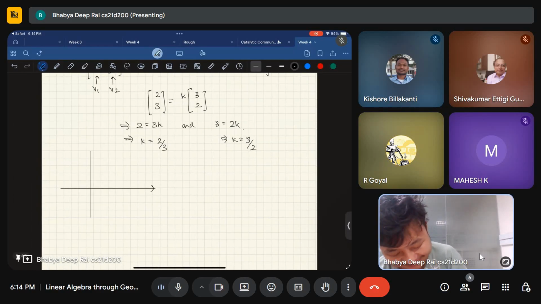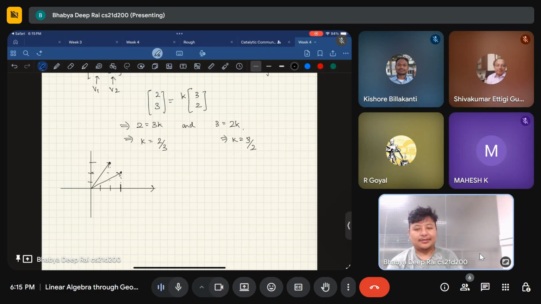So the other way to do it would be like Goel says, 2 steps to the right side, and 3 steps to the top, and the second vector, which is 3, 2, would be 3 steps to the right and 2 steps up. Yes. Whichever scalar I use, I would be moving in different directions, and these directions will never meet. Good.